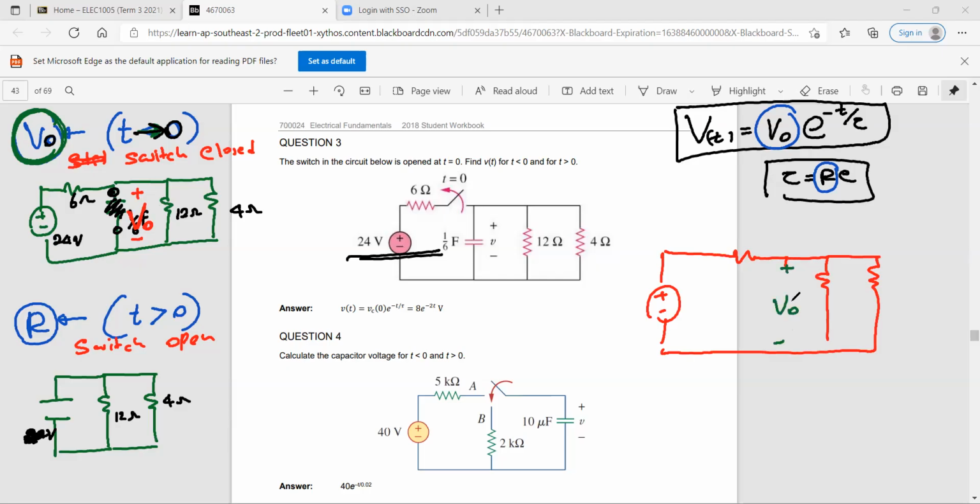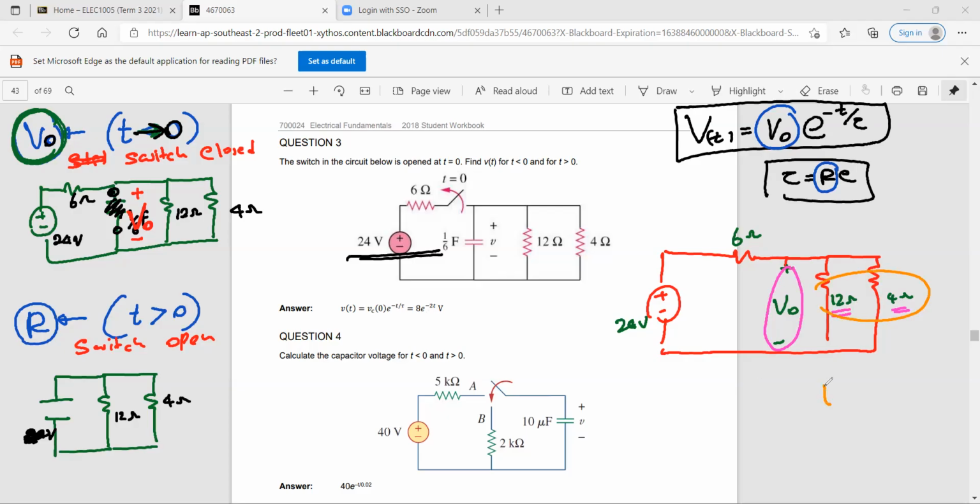How do you find that? The voltage here is the voltage across 12 or 4, isn't it? Because 12 and 4 are in parallel. If you can find the voltage across any of those, that is the voltage we want, isn't it? Right, guys? So these two are in parallel.